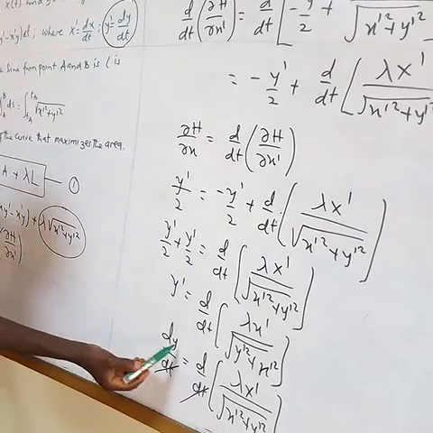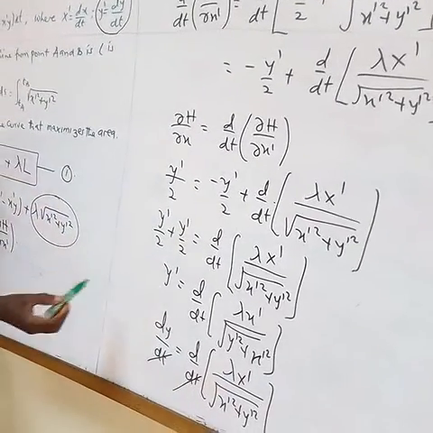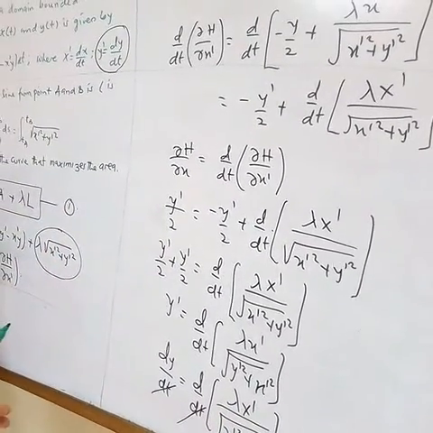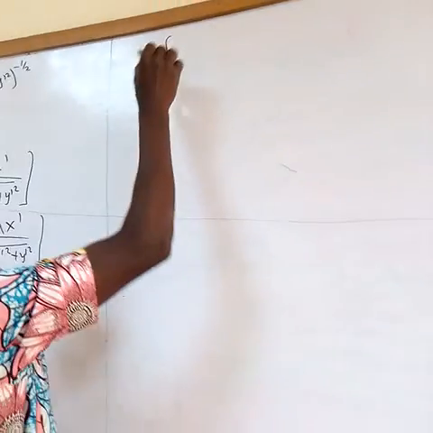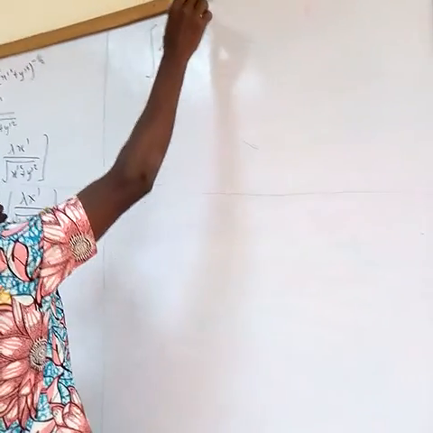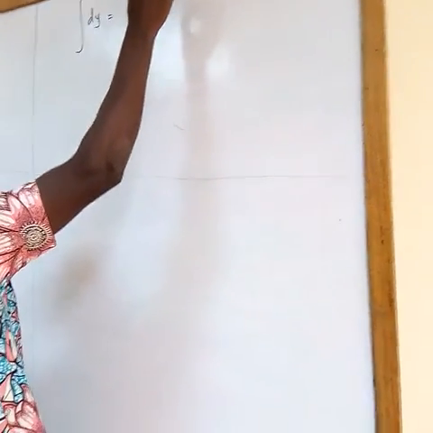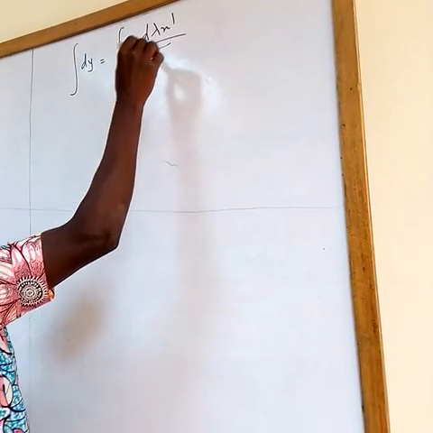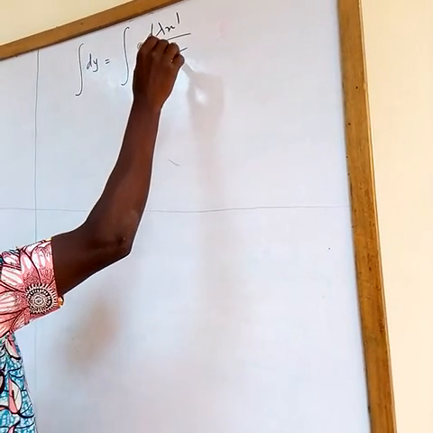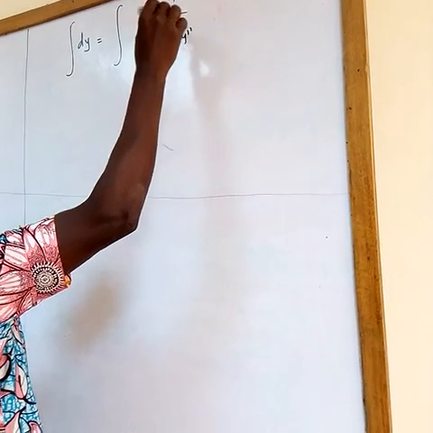Since there is dy against d whatever, we can introduce integration to both sides. By the time we integrate both sides, this is what you are going to have: dy is equal to lambda x prime against square root of x prime squared plus y prime squared.